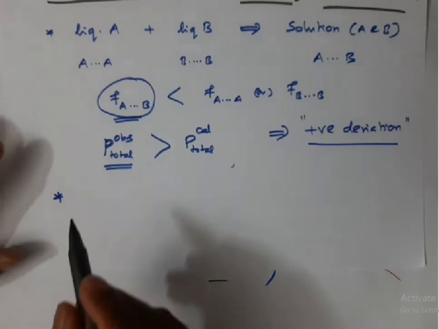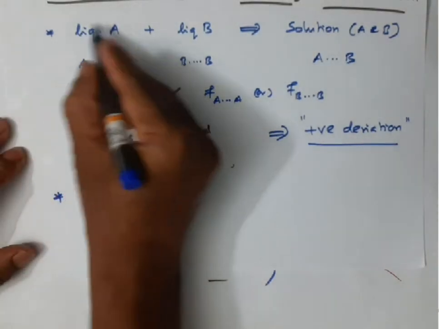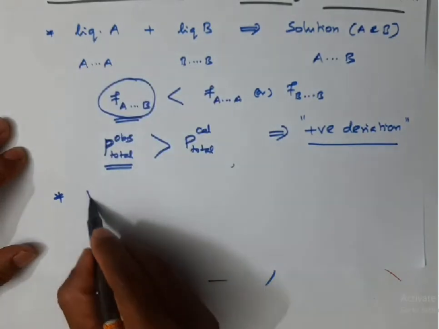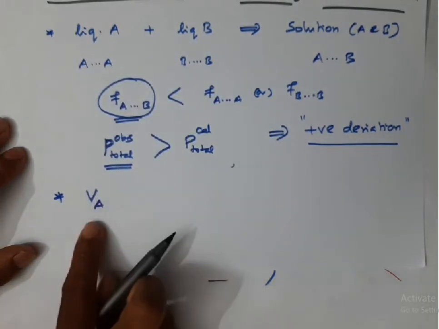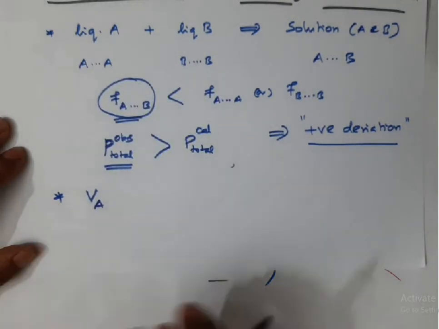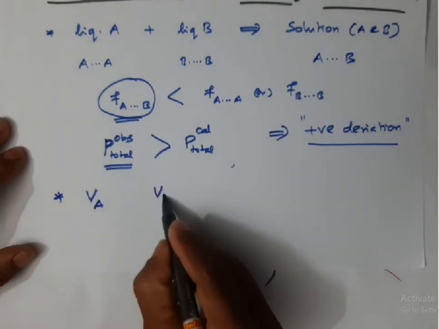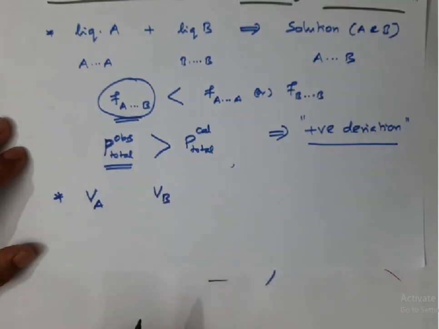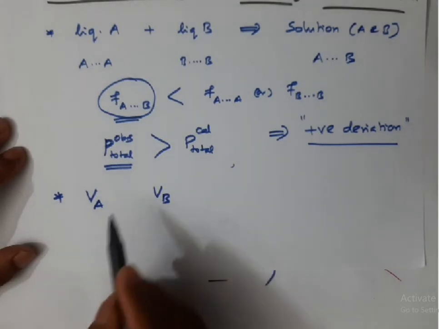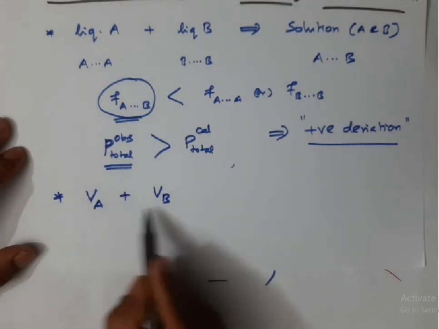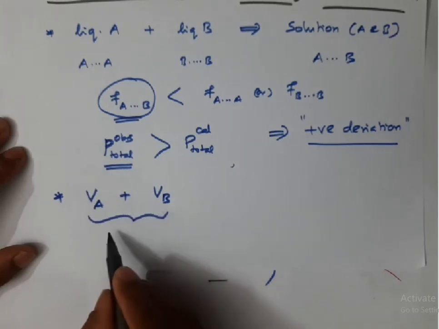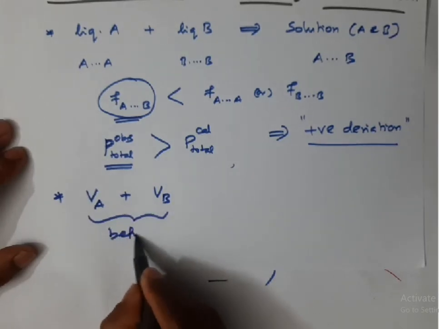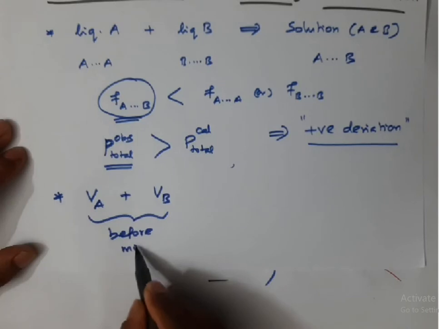Assume that the volume of liquid A is VA, the volume of pure liquid A, and VB is the volume of pure liquid B. So what is the total volume before mixing? The total volume before mixing is VA plus VB.